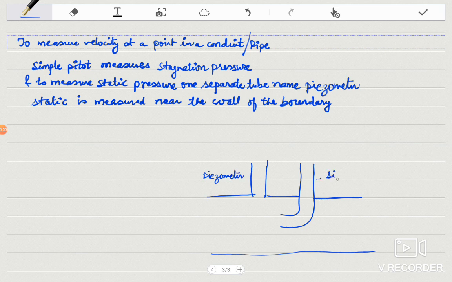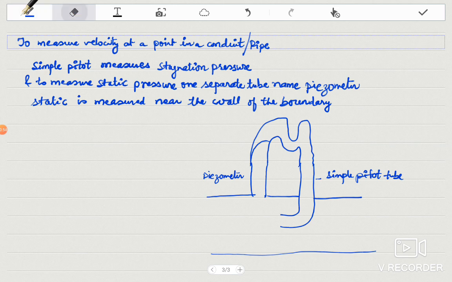Then we connect the two tubes with the help of a manometer.